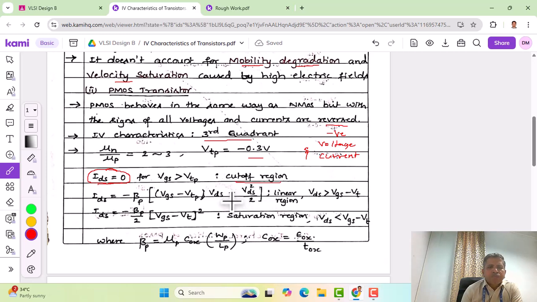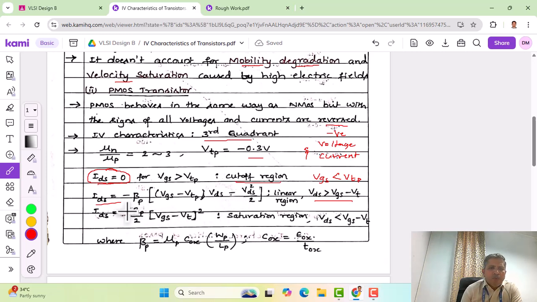So this is the drain to source current that flows in the linear region, for which VDS must be greater than VGS minus VT. That is the condition required to operate the PMOS transistor in the linear region, and VGS must be less than VTP. If we satisfy these two conditions, then the P channel MOSFET will operate in the linear region, and the current that flows in the linear region is given by this mathematical expression here.